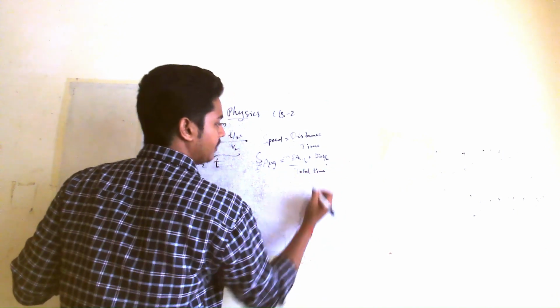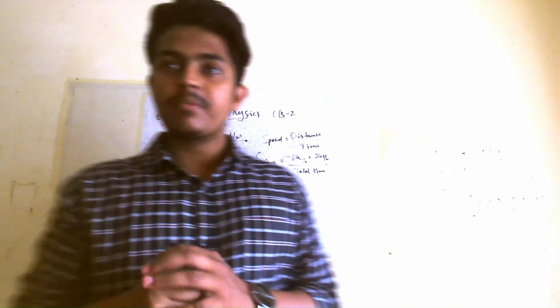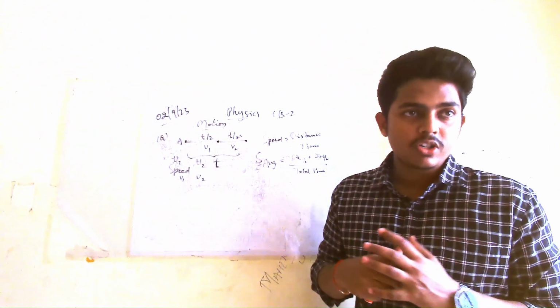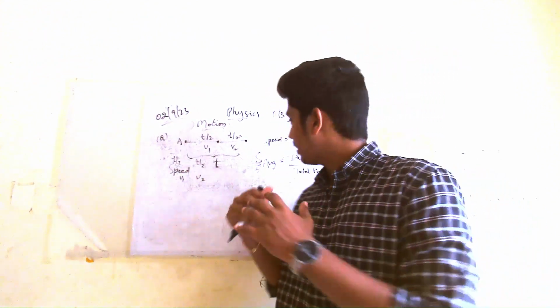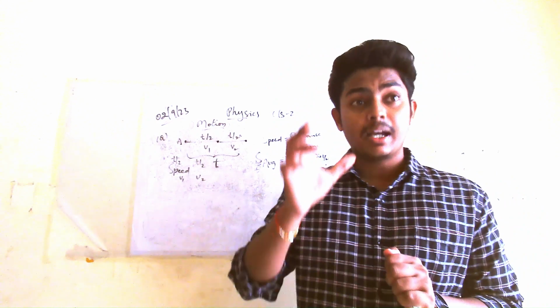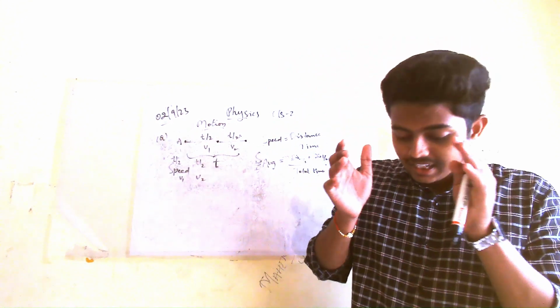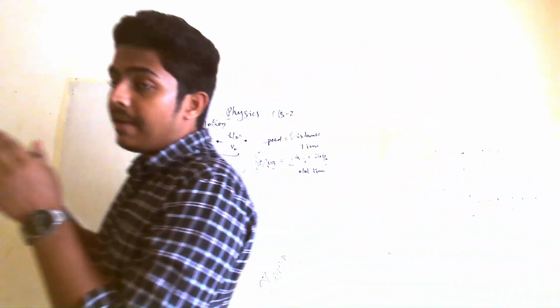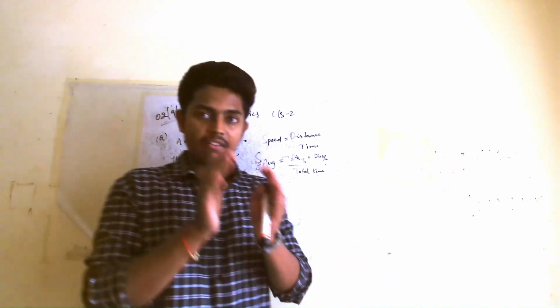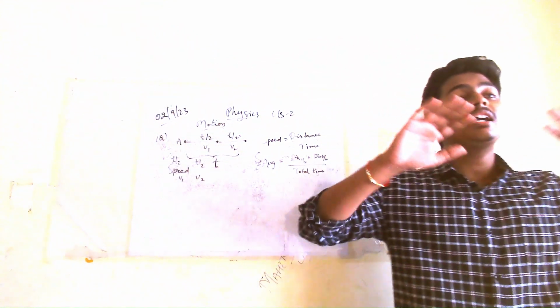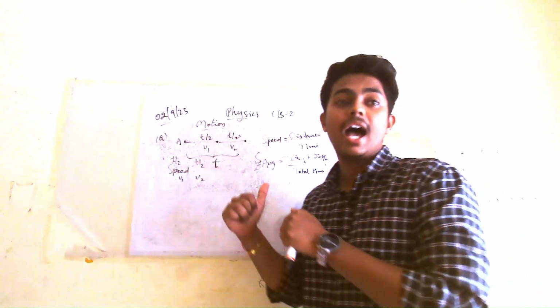For average speed calculation, you need the distance in equal time intervals, whatever distance he traveled, divided by the total time taken.